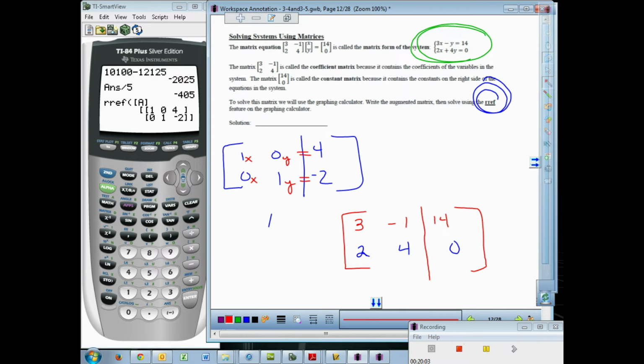What we're looking for is, if we get solutions, a row of 1s going diagonally here in our coefficient matrix portion, on the left side of this bar. This says 1x equals 4, correct? That means 4 is the x value of this point right here.